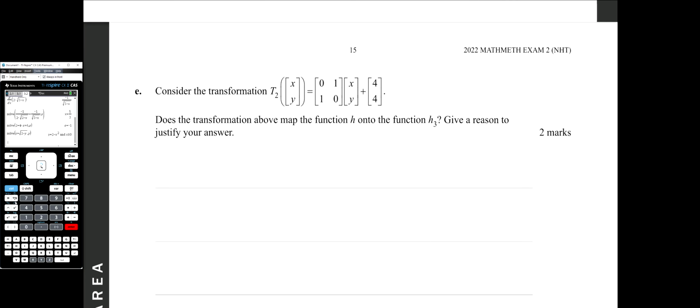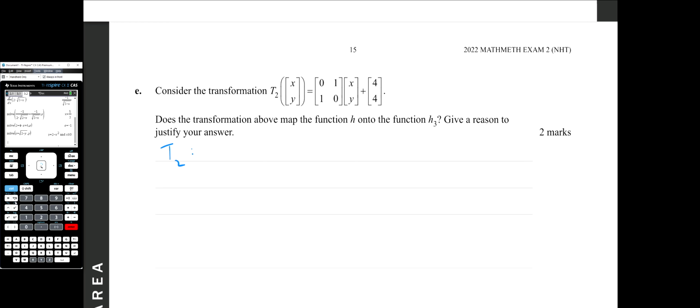Excellent. So part E. Consider the transformation T2 given by that matrix transformation. Does the transformation above map the function h onto the function h3? Give a reason to justify your answer. Okay, so what we could do here is understand what T2 is doing.